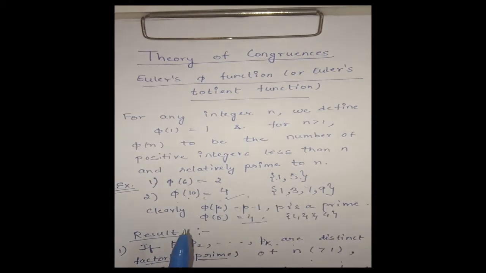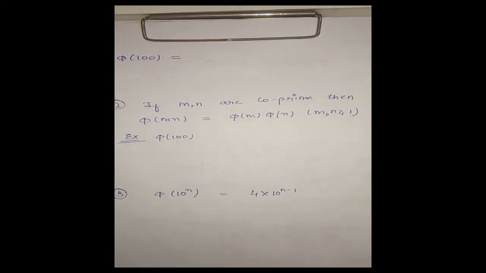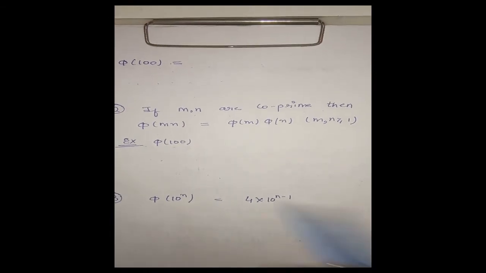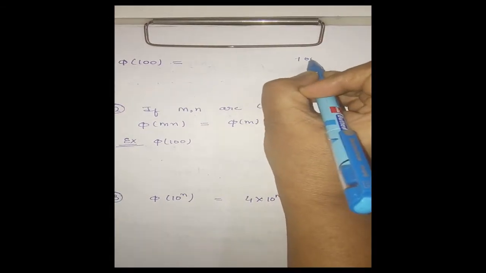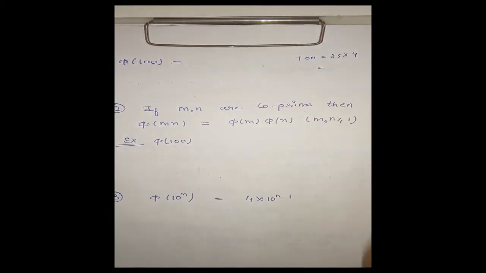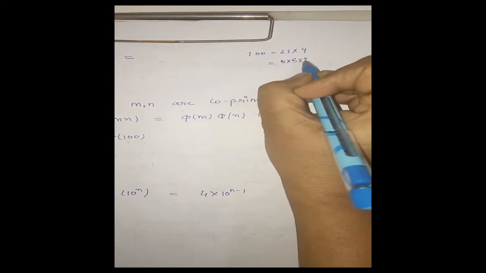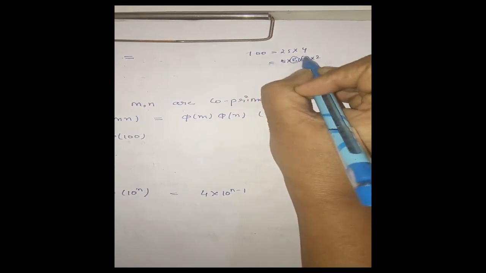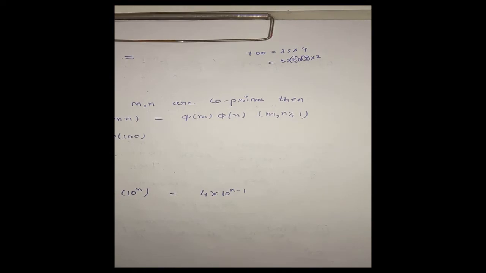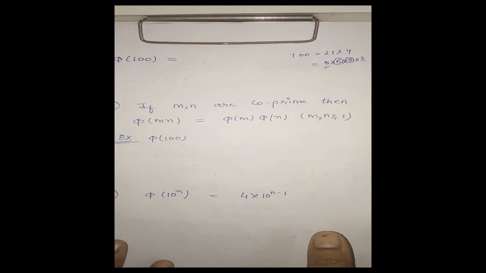If we have to find phi of 100. Okay, now 100 can be written as 25 into 4, that is 5 into 5 into 2 into 2. Then 5 and 2 are the distinct factors. Distinct factors are 2 only, 5 and 2.